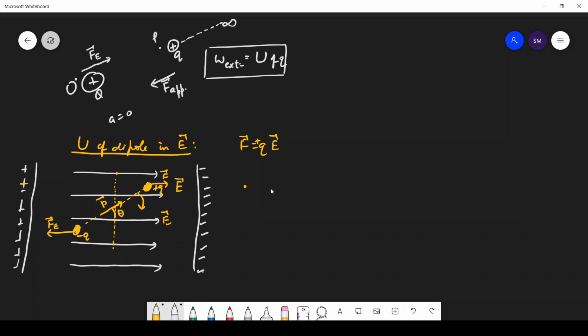And this P, the dipole moment, will align itself with E, and then it will be the equilibrium stage.